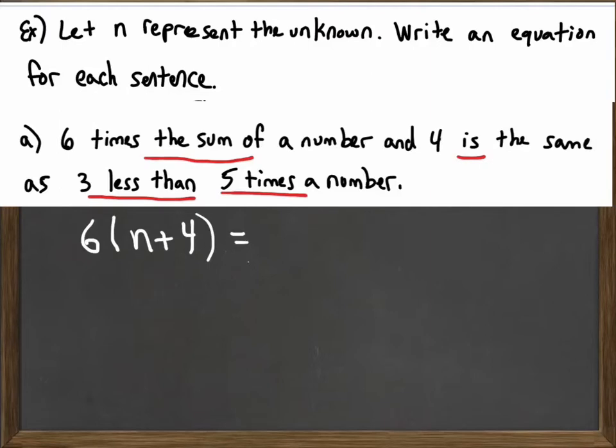So remember, less than, we're taking it away. So we would write 5 times the number as 5n, and then we're taking 3 away from that, so minus 3. 6 times n plus 4 equals 5n minus 3.